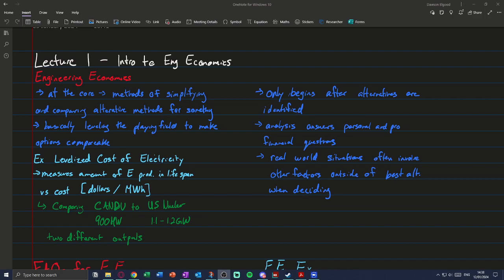Real-world situations often involve a lot of other factors outside of the best alternative. It's not necessarily what can produce the most power, for example, but what the cost is going to be, and finding the best balance.